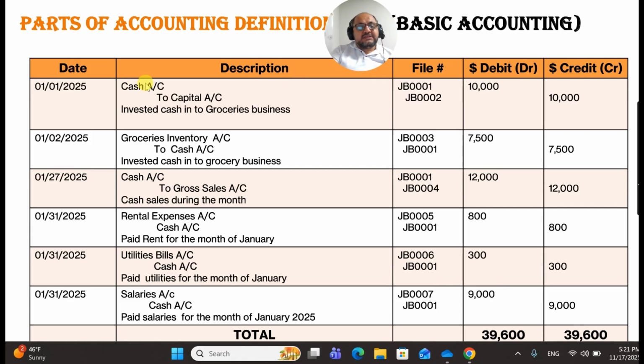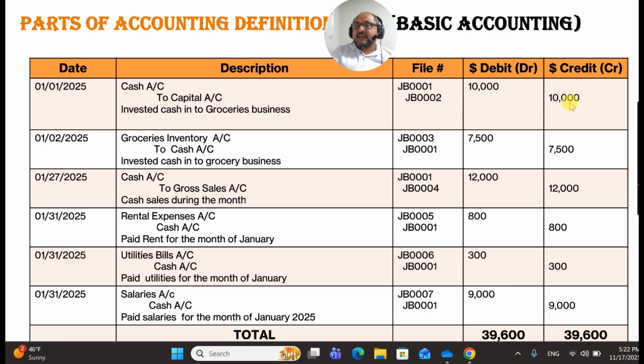So cash asset increase, that's why we record it here, 10,000 in the debit column. Capital account, that is the increase. You have to write it here. Increase to the owner of the business, that's why I write it here, 10,000. For the business, it is an increase.